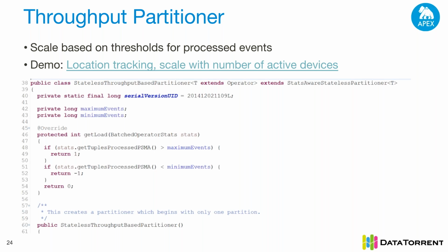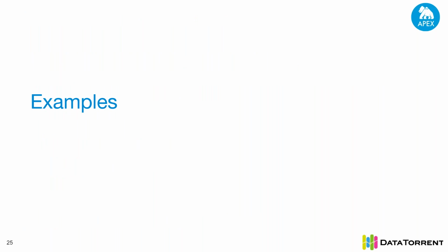If the tuple processing simple moving average for that window goes beyond the maximum events, you return a positive value. If it is below the minimum events, it requests to reduce the number of partitions, and if it remains the same, there is no change in the partitioning.